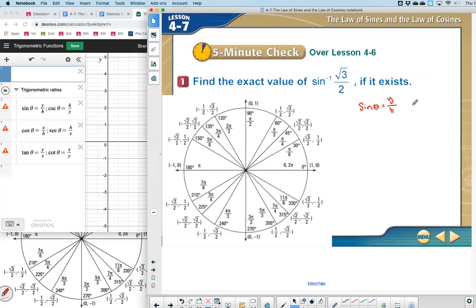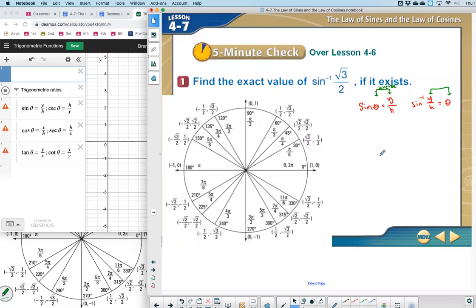What we learned about last class is that for the inverse, sine inverse, you swap the angle with your side lengths, like this. So there's the inverse. The inverse swaps those two, as you can see.